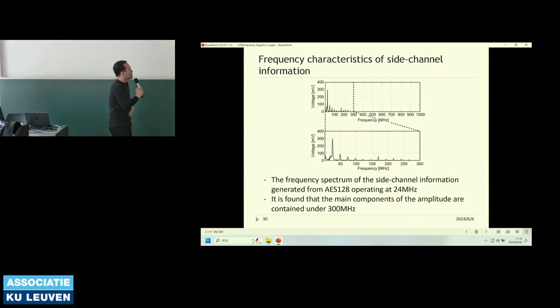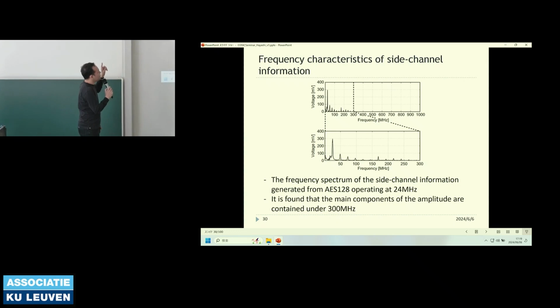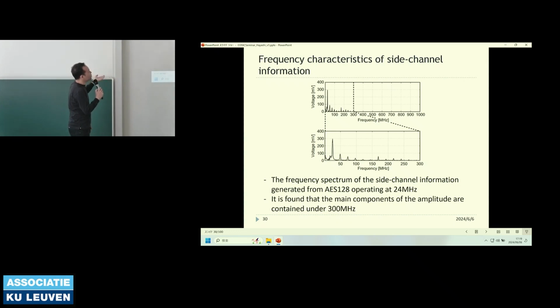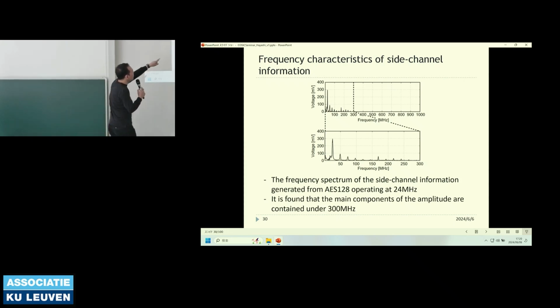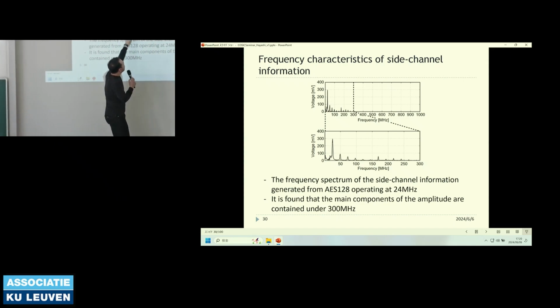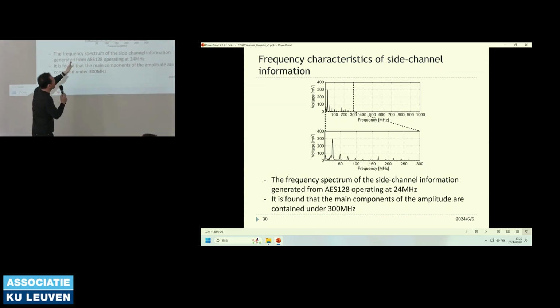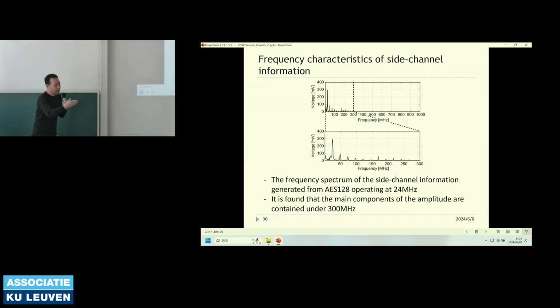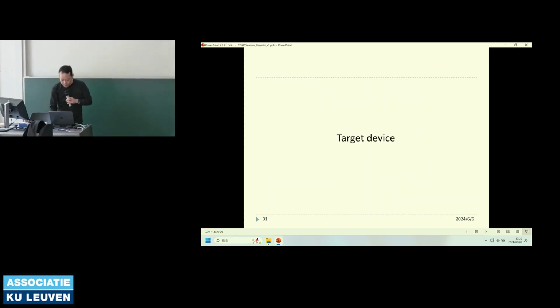Next, we check the frequency spectrum. On the previous slide, I showed you the time domain signal. This is a frequency domain signal. This is the harmonic. We can observe many harmonics in the frequency domain.